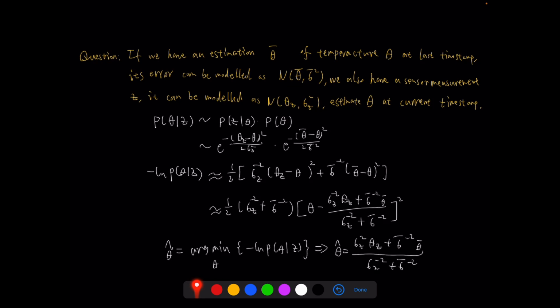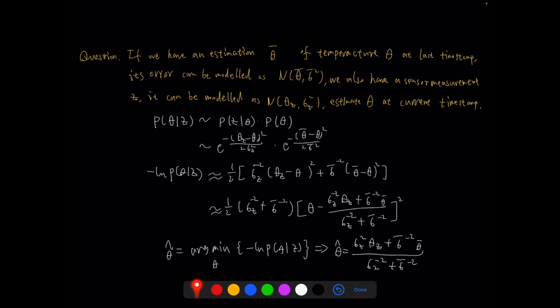In the previous question, we had two measurements both following the same Gaussian distribution. So what if we change that to two measurements following two different Gaussian distributions? Eventually, the MLE of theta will be the same result as we obtain here. I don't want to go deeper on that part. You can feel free to practice it.